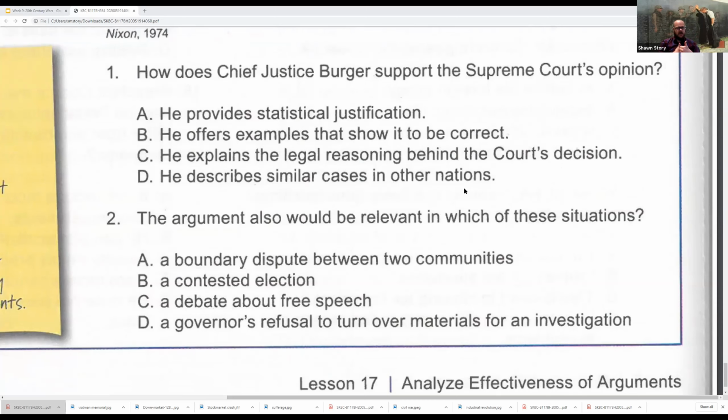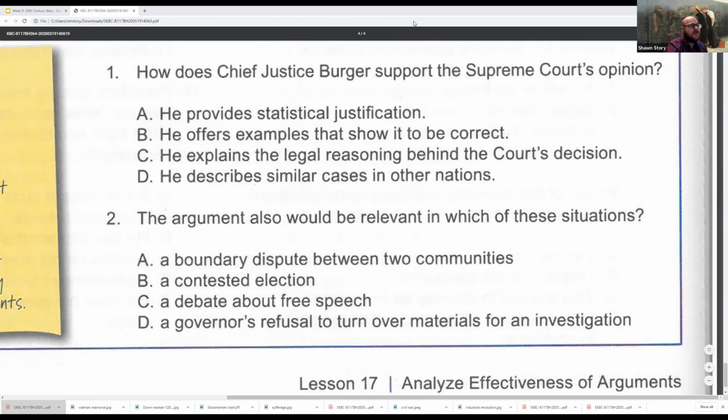We know he used his presidential power to sneak in recordings. We know that he resigned, so he felt that he was guilty or thought he would be convicted of being guilty. Which of these situations is most like that? A boundary issue between two communities, a contested election, debate for free speech, or a governor's refusal to turn over materials for an investigation?